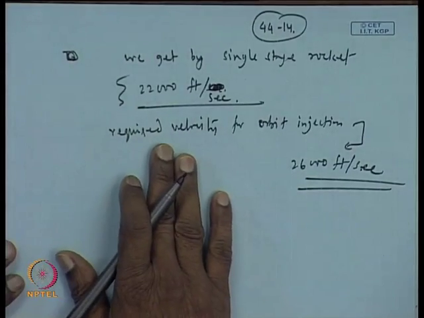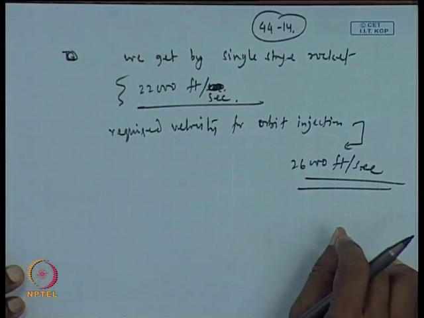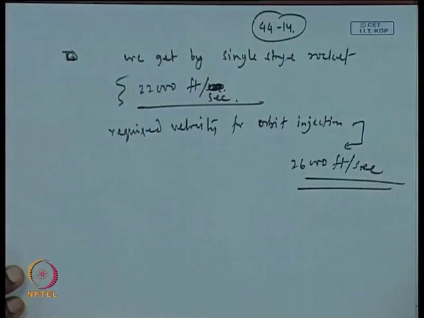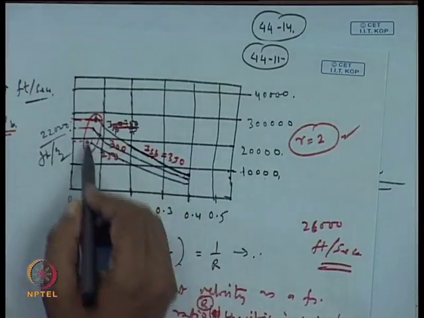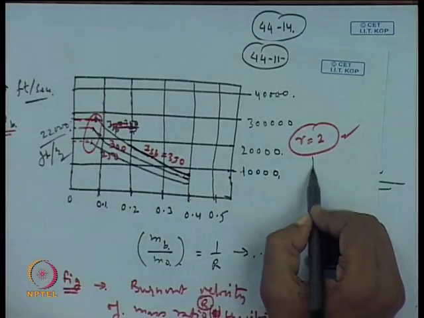So, using a single stage rocket, it is not possible to inject the satellite into the orbit, with the kind of specific impulse we have used here with R equal to 2.